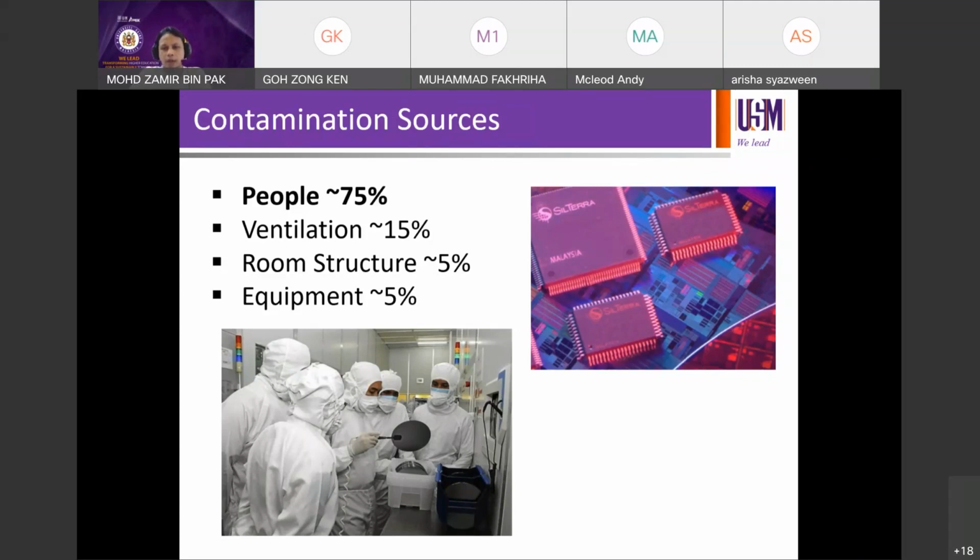Where else do we find contributions? From ventilation, for example, from the filters not working properly, the design of the space, the room structure, the equipment, the movement. So you can already see that you'll find a couple of moving equipments or moving tools in the cleanroom.